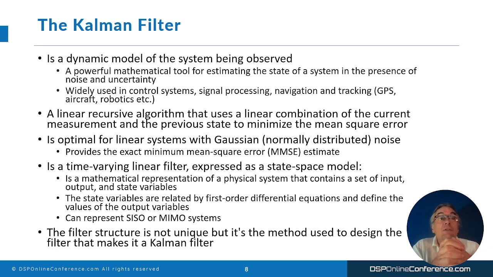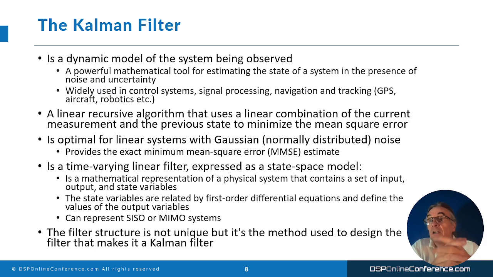Essentially, the Kalman filter uses a time-varying linear filter for its mathematical representation, and state variables are related by first-order differential equations, so nothing high-order, nothing complex. But the Kalman filter can represent single input, single output, or multiple inputs, multiple outputs.